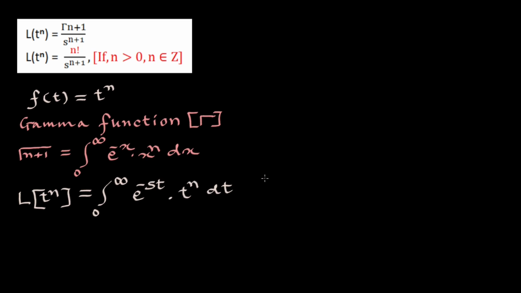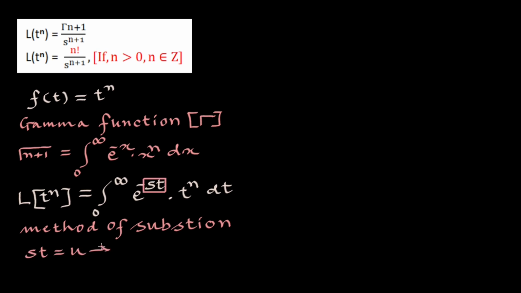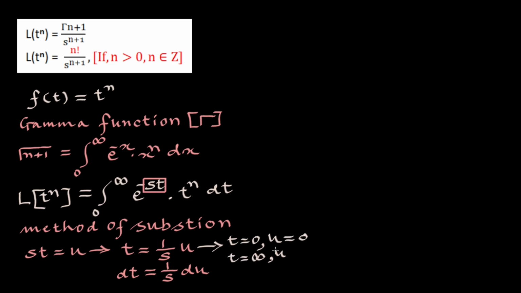We have to solve this integration by method of substitution, for which we will assume this st to be u. So t will be 1 upon s into u and its derivative dt equals 1 upon s du. This substitution does not change the limits of integration, because when t equals 0, u is 0, and when t is infinity, u is also infinity.